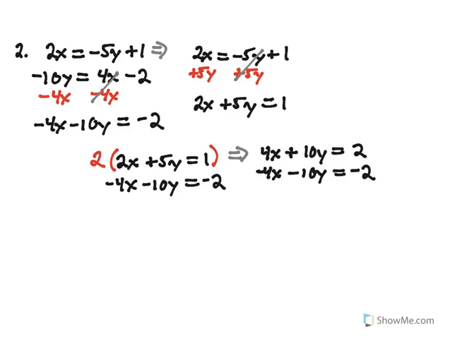And if we go ahead and combine these, then what happens to 4x minus 4x? Well, that cancels. What happens to 10y minus 10y? That cancels. What happens to 2 minus 2? That cancels. So you're literally left with nothing on both sides, but that is a true statement.